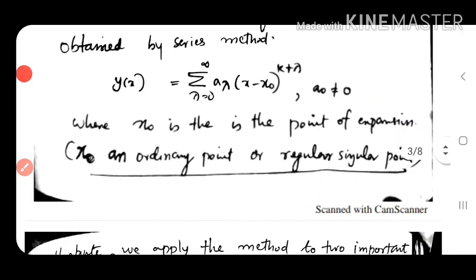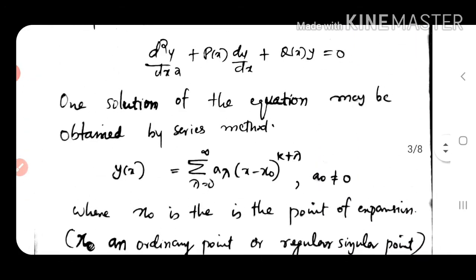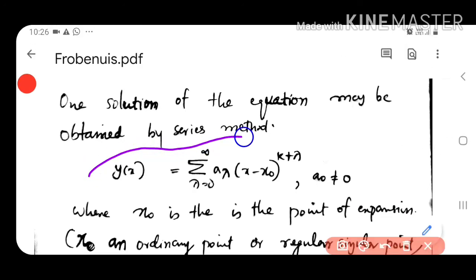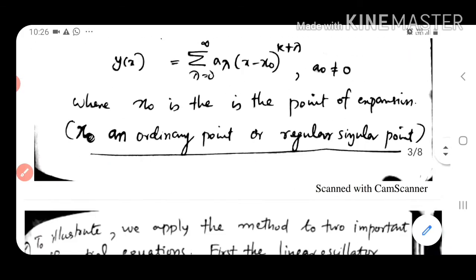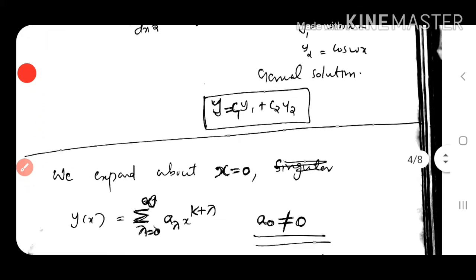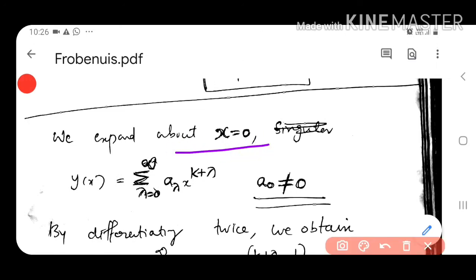Now, to obtain the solution of this equation by using this method, we expand about x0. We are taking the point x equal to 0 as the point of expansion, which is simply an ordinary point.